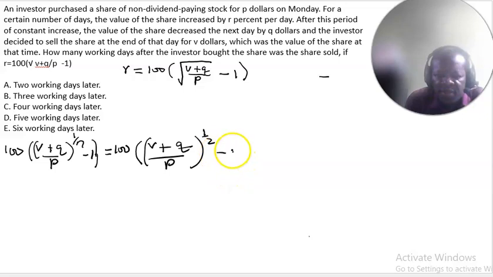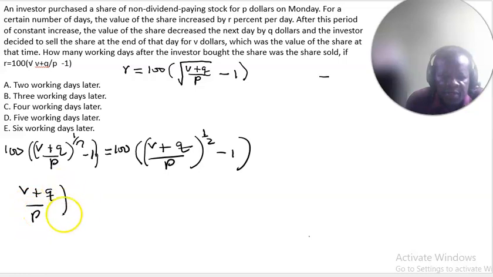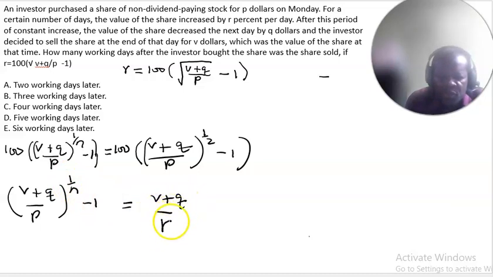So if you divide both sides by 100, we have V plus Q over P raised to power 1 over n minus 1 equals V plus Q over P raised to power 1 over 2 minus 1.